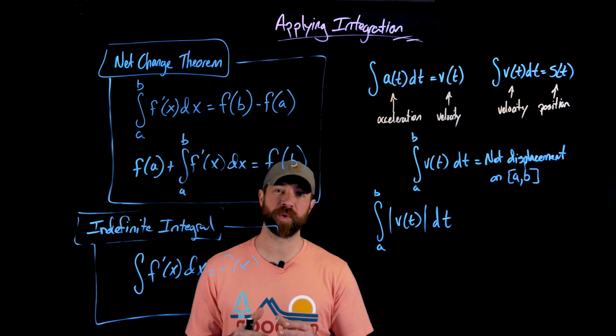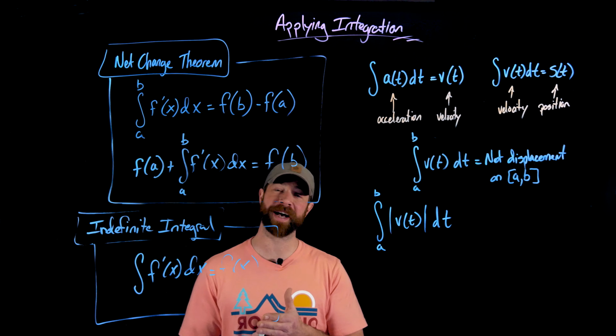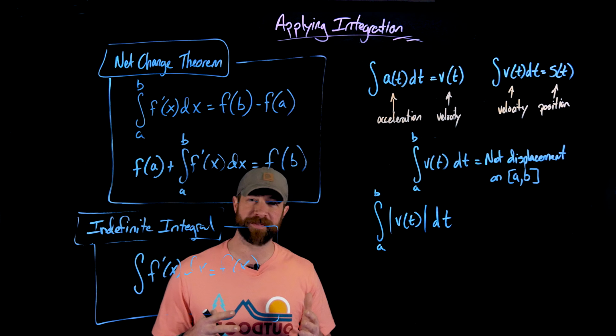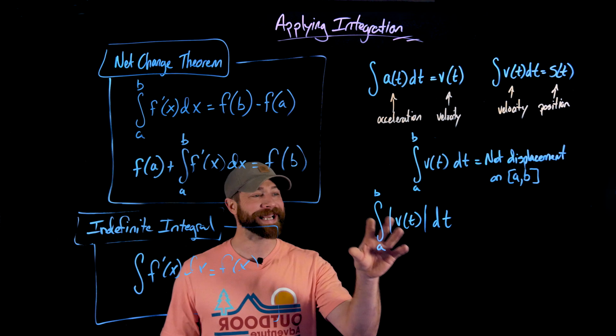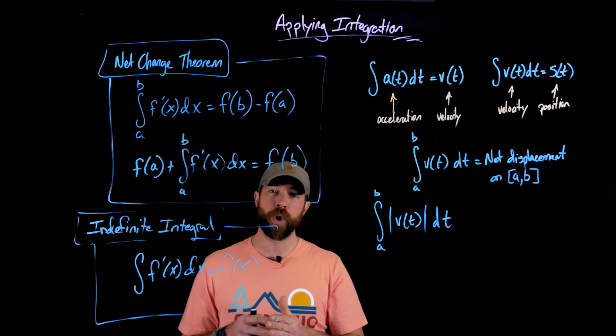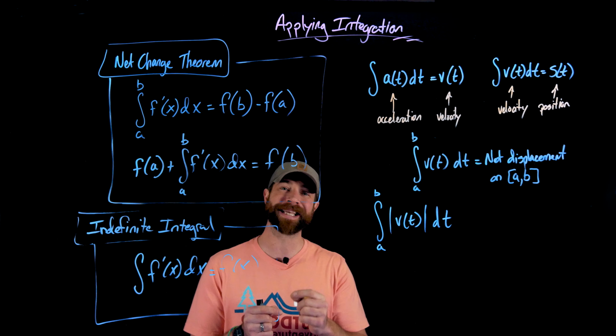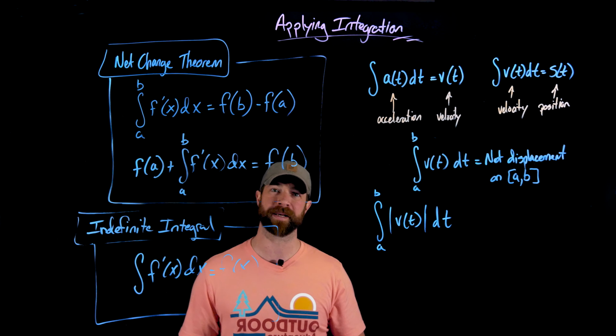Then if we integrate the speed function, and the speed function, by the way, is always just the absolute value of the velocity function. The only difference between speed and velocity is this idea of direction. If we integrate the speed function, or the absolute value of the velocity function, we won't get this displacement. We actually will get out the value of the total distance traveled on the interval a to b.